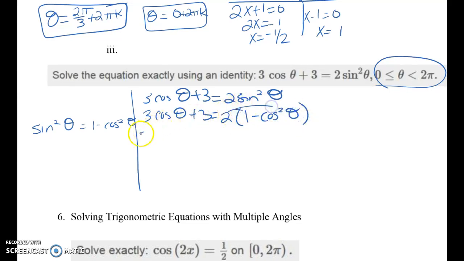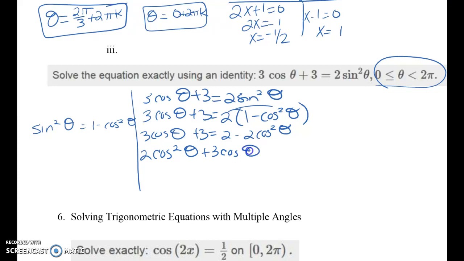I'm going to distribute. And then I'm going to move everything over to one side. So I'm going to move everything over here to the left. So it gives me 2 cosine squared, plus 3 cosine theta. Subtract the 2 over, and that would give me a plus 1 equal to 0.